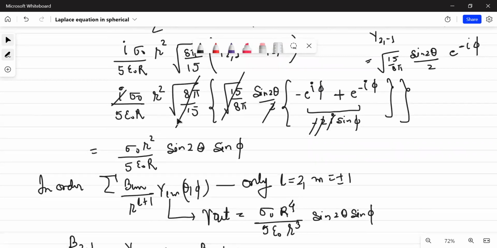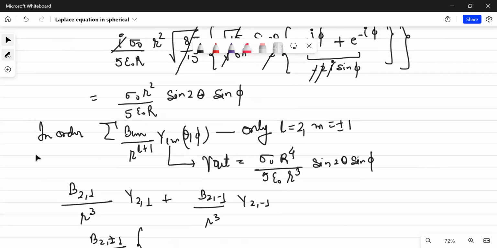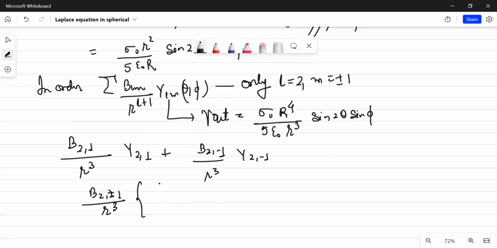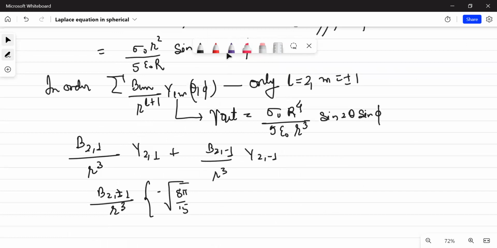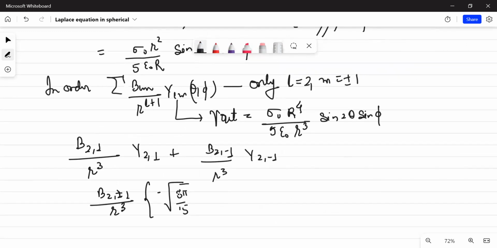And what would it be? I'll use this particular expression again so that you don't get confused. This will be root over 8 pi upon 15, if I'm not wrong. Let me just check it again, because if I do it wrong, then things will become wrong.